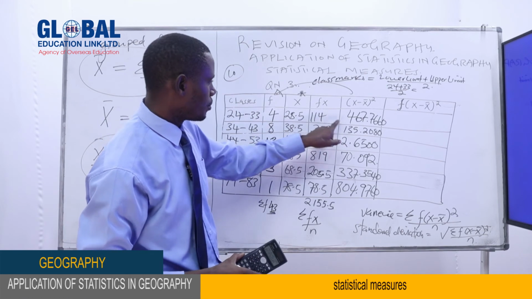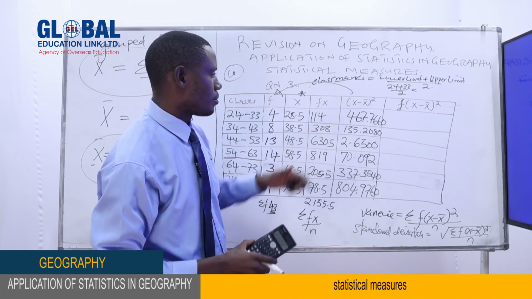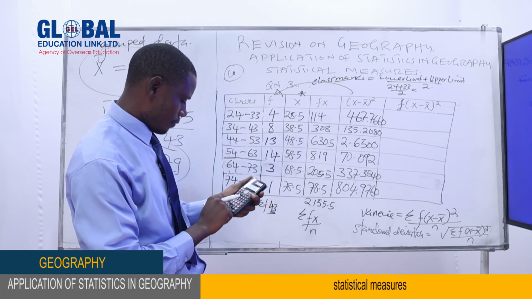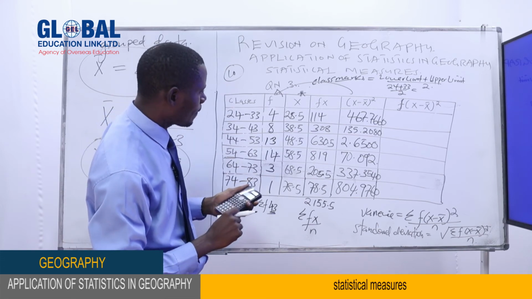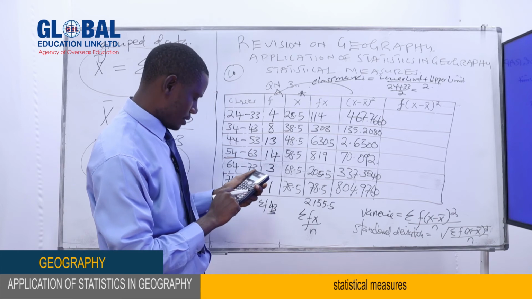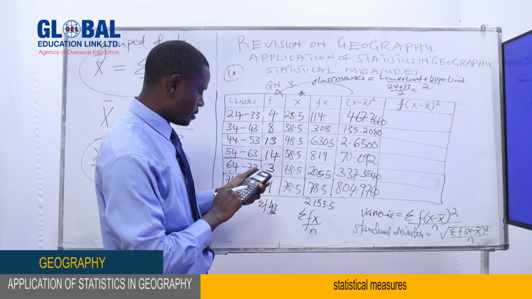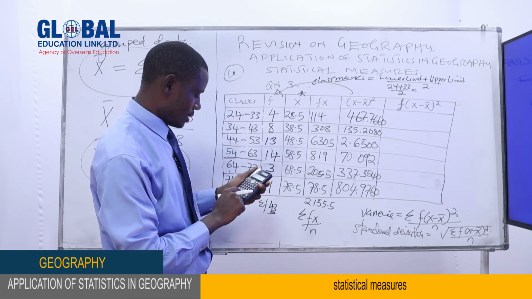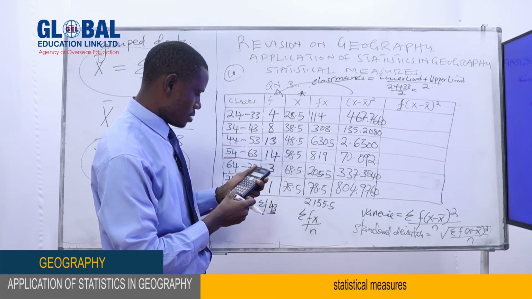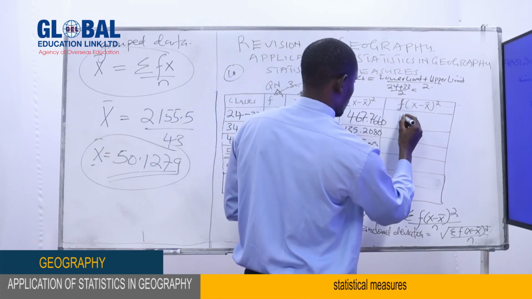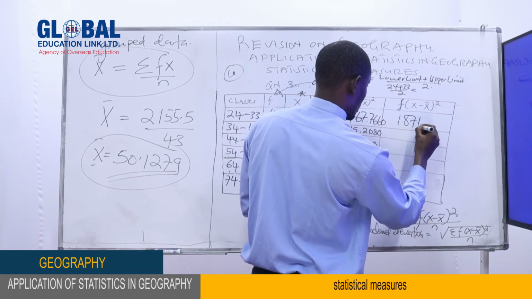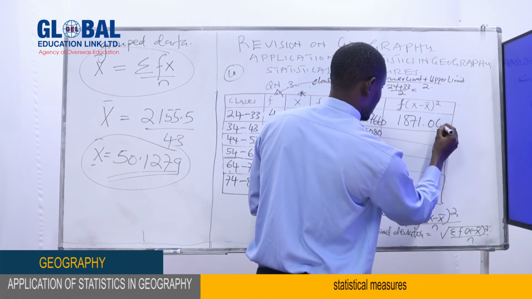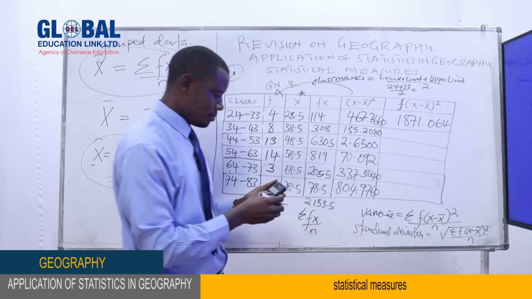The first column, we take 4 times 467.7660. Then we come up with 1,871.064. Then we go for the next column.